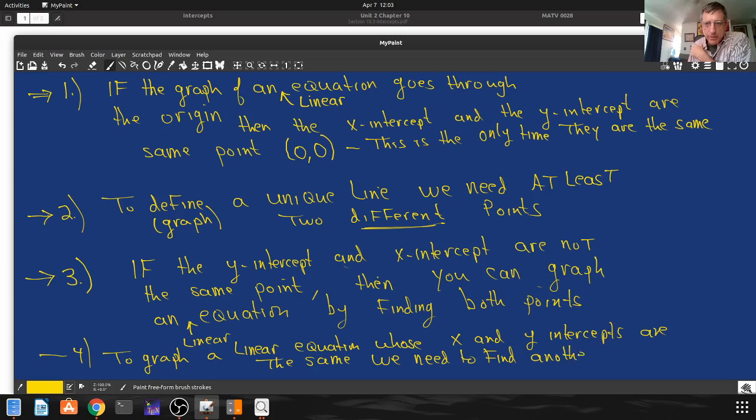And of course, by finding another point, it's a point that is not either the x or the y-intercept, because they're the same. So let's just keep all of that in mind.